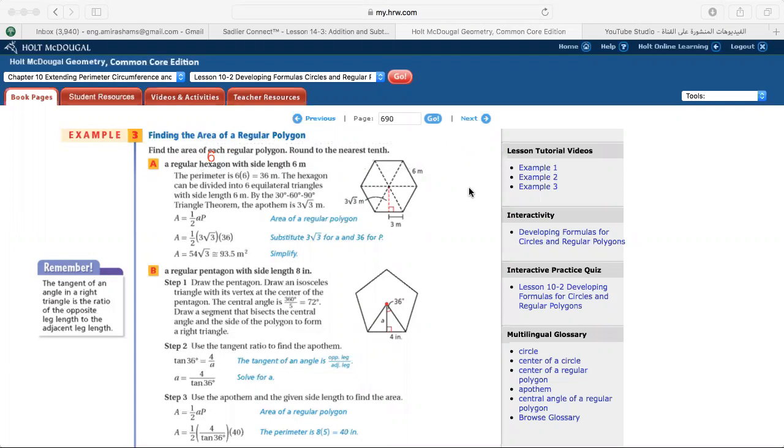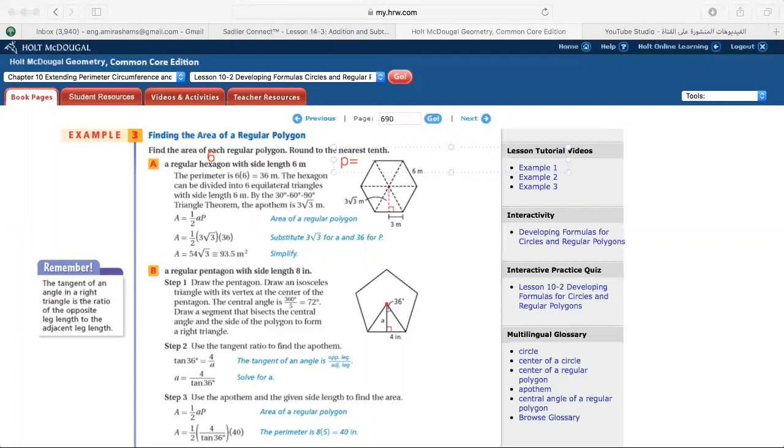So I want to get the area. Area is half AP. So first I have to get P and A. P is the perimeter. The perimeter is NS.